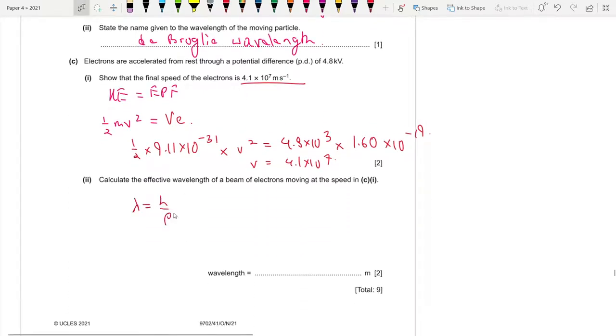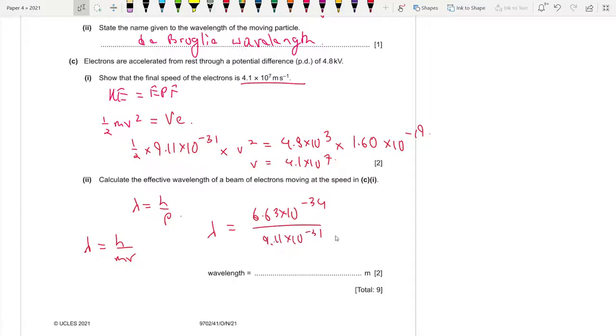Lambda is equal to h by p, or lambda is equal to h divided by mv. Lambda is equal to 6.63 times 10 to the power minus 34, from the data booklet, I have it memorized, divided by 9.11 times 10 to the power minus 31, right? That's the mass, times 4.1 times 10 to the power 7.